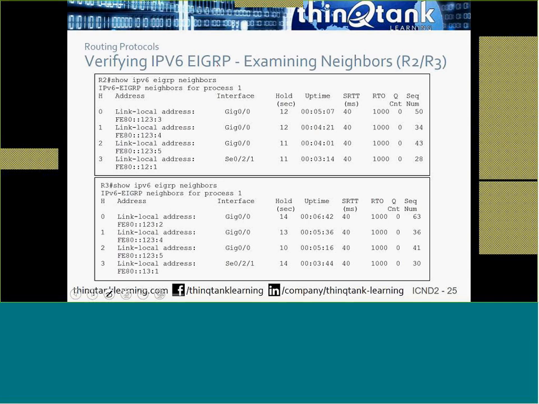It doesn't change. Host index, link local, gig interface, VLAN, uptime. We already know how to read all this information in IPv4. We simply read the same information in IPv6. All right?